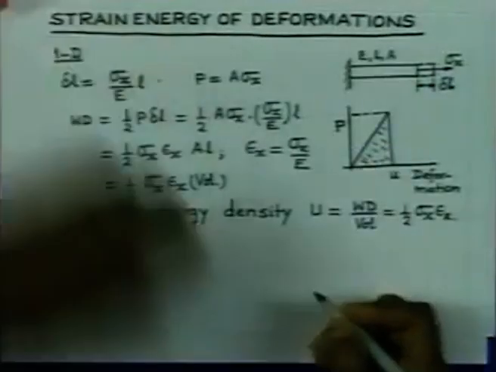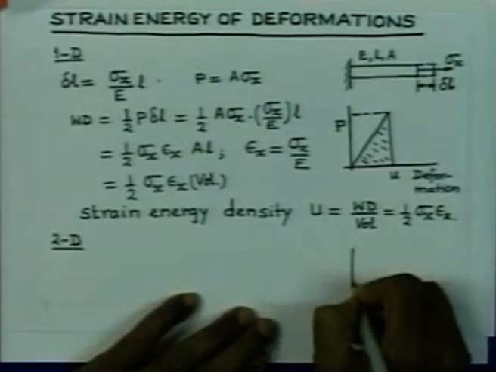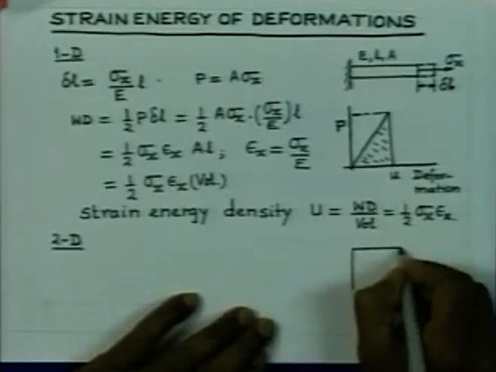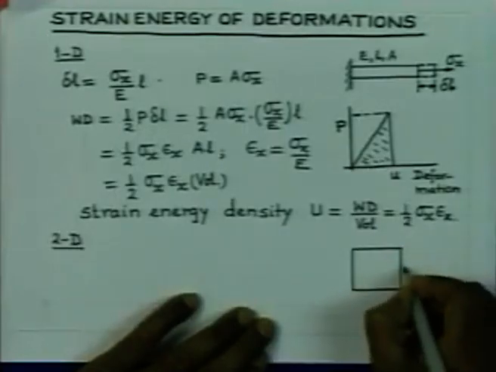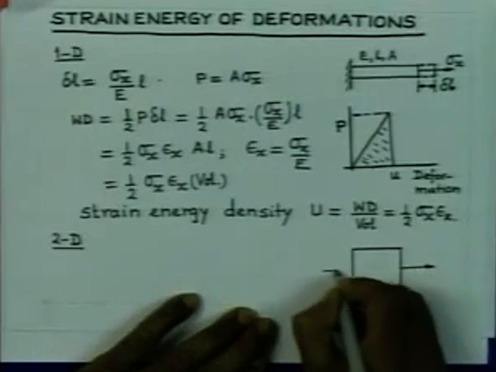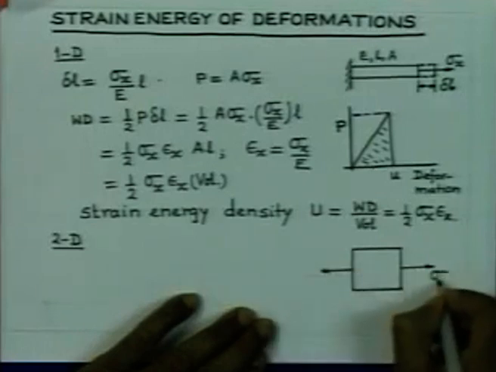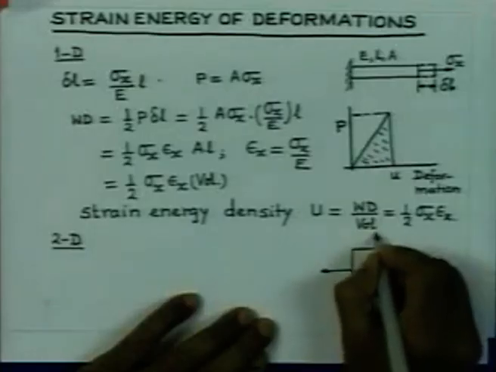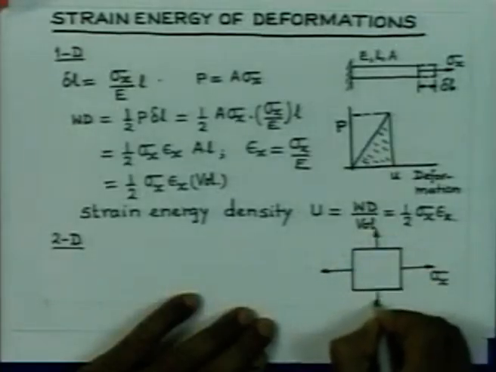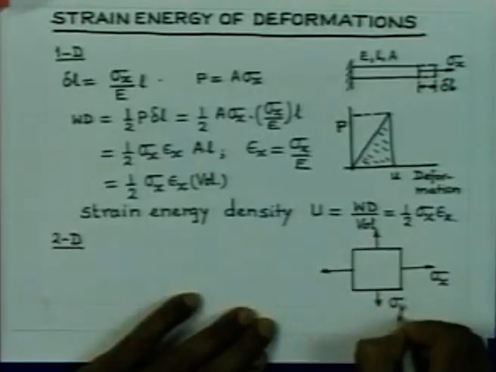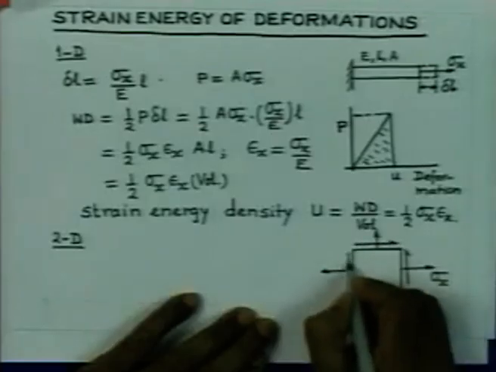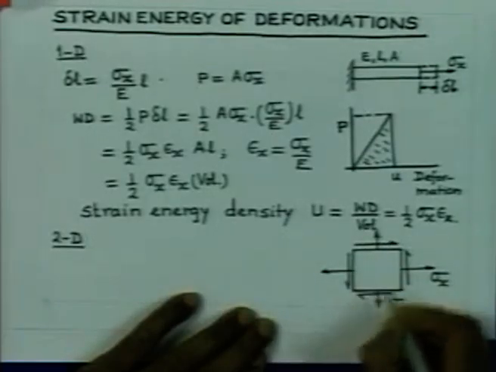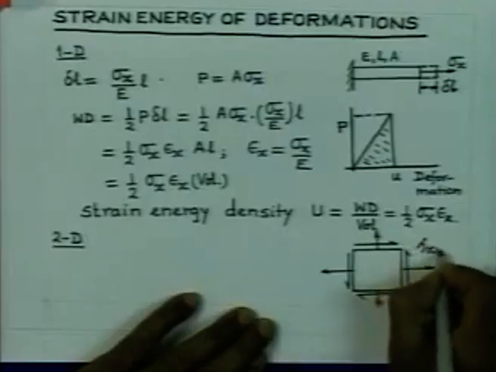Now, if we consider two dimensions, we will have three components of stresses: sigma x, sigma y, then we are going to have shear stress, which we indicate by tau xy.